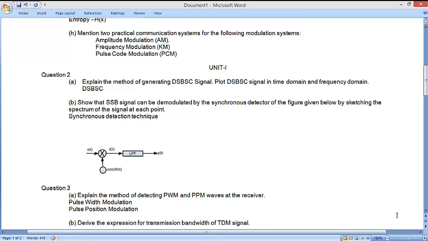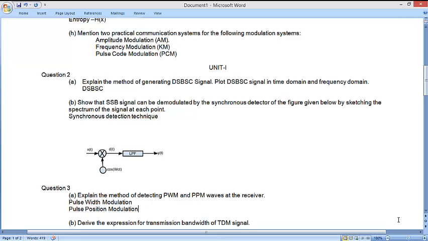In PWM the width is varied, and the amplitude and position of the pulse are constant, and in PPM the position is varied, and the width and amplitude are constant. So you have to describe the detection technique that is used for PWM and PPM waves at the receiver.